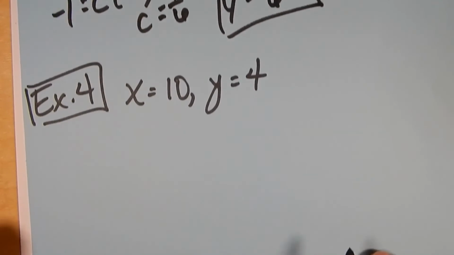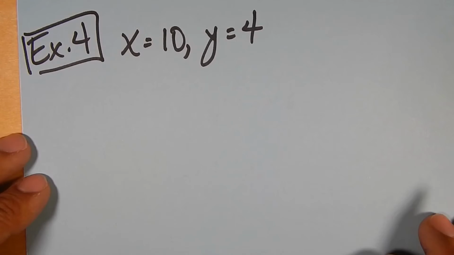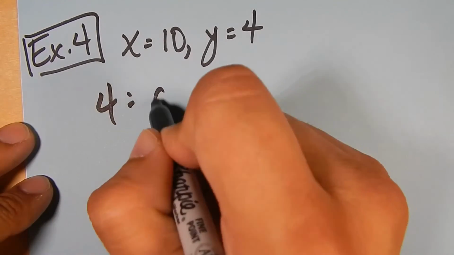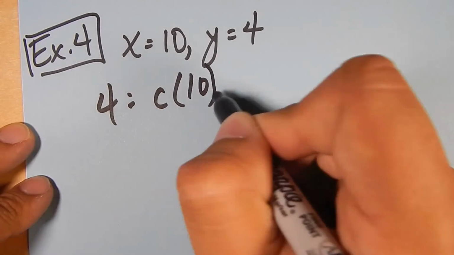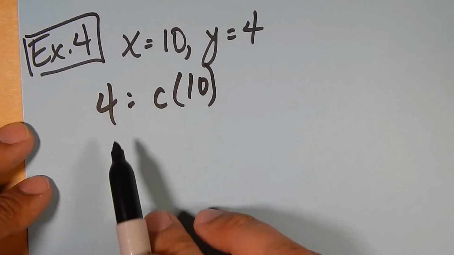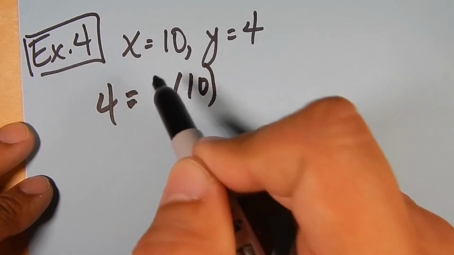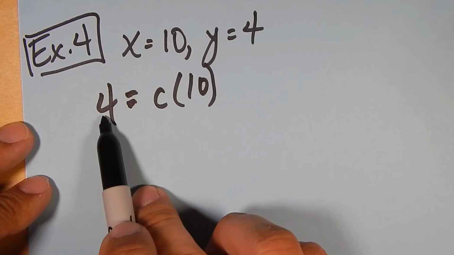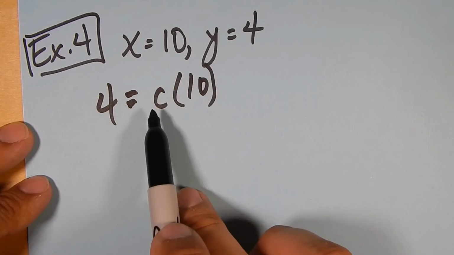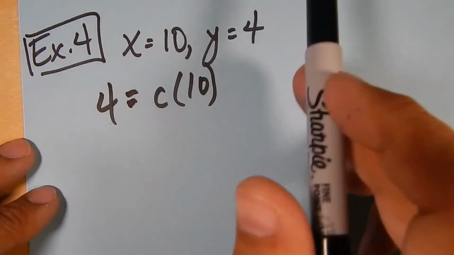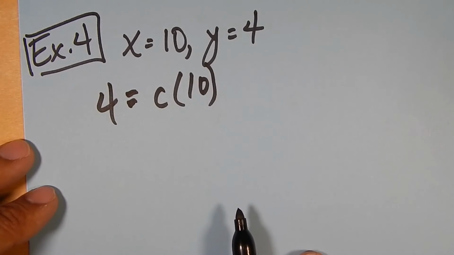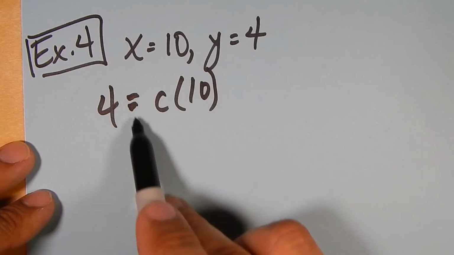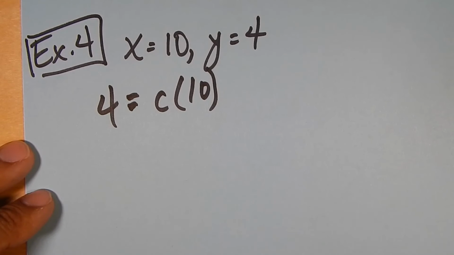Let's see, example 4. So we've got the last one here. 4 equals c times 10. You might not immediately spot what this is going to be, because you're thinking, something times 10 equals 4. That seems kind of strange. So all along we've been seeing something similar, where if you end up with a fraction, that can solve that situation for us.